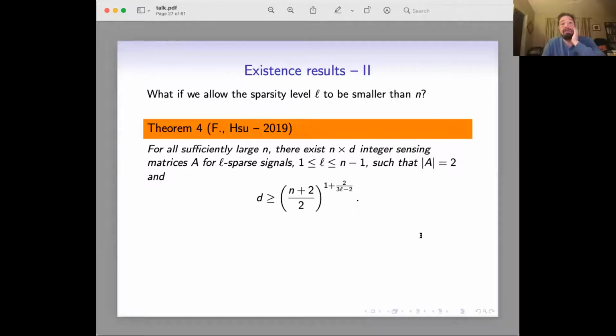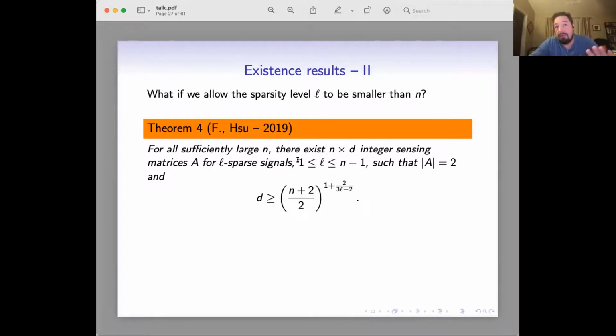Okay, so here's my next theorem. This is joint work with my recent student Alex Shu. We're able to prove that for all sufficiently large N, there exist N by D integer sparse matrices for L-sparse signals.